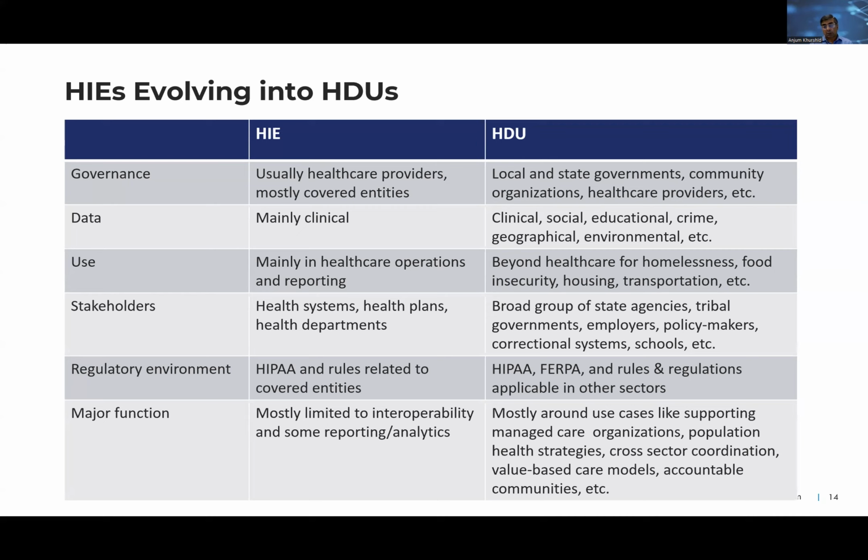To address that fragmentation, as you see in this comparison, health data utilities have expanded in terms of their governance, the data that they have, and the use cases that they are now supporting, which go beyond just healthcare coordination and epidemiology to really thinking of issues like food insecurity and housing challenges that affect healthcare outcomes. And the stakeholders have expanded, but it also becomes a little more complicated because there are more laws, rules, and regulations that have to be applicable.